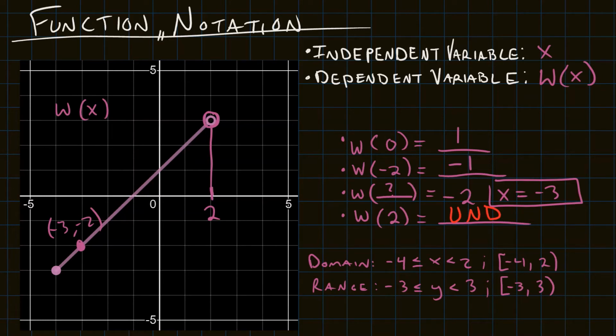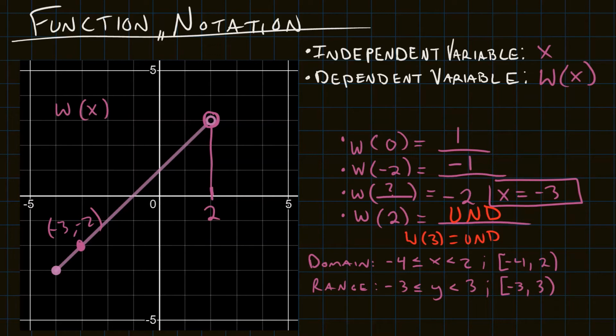So since it's not a part of our domain, it is not defined as part of our function. We could do the same with other values such as w of 3. W of 3 would also be undefined because there is no graph at all at x equals 3. X equals 3 is also not part of our domain.